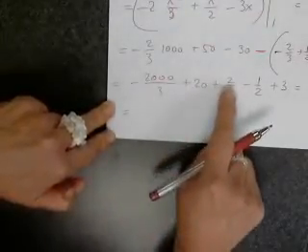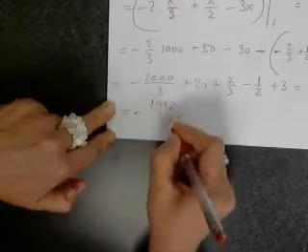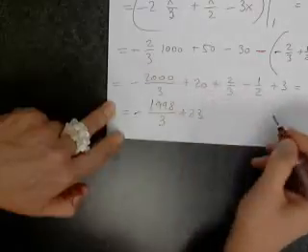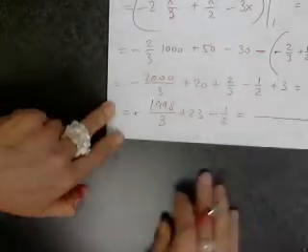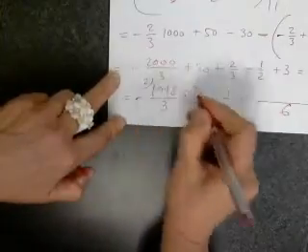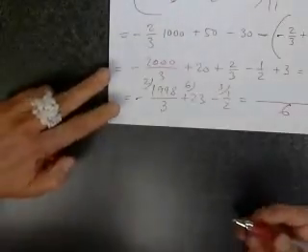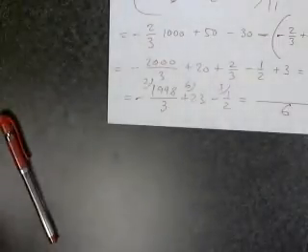Negative 2,000 plus 2 is negative 1998 over 3 plus 23 and minus 1/2. What is the least common denominator? 6. So this needs a 2, this needs a 6, and this needs a 3. Okay, I'm lazy.